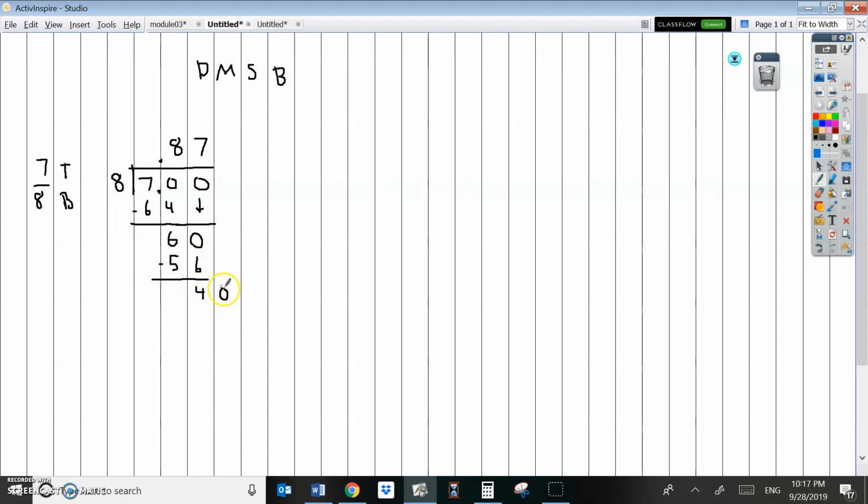Bring down a 0. How many 8s in 40? There's 5. Multiply. 5 times 8 is 40. Subtract, get a 0, and we're done. 0.875.